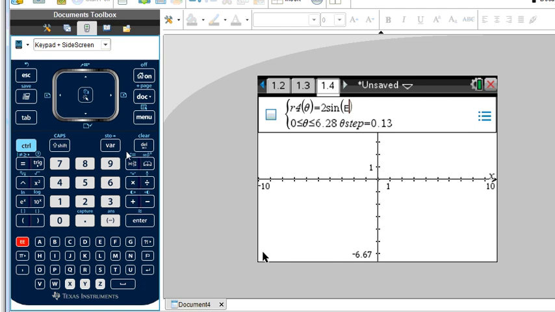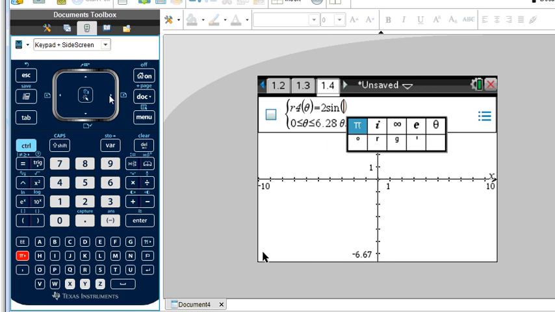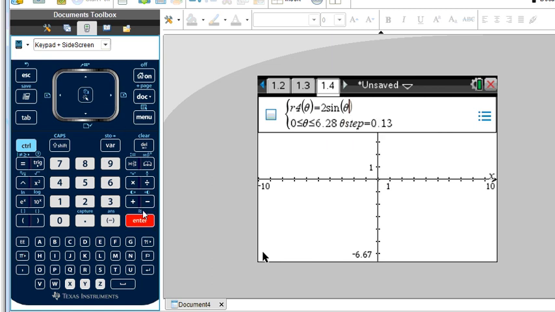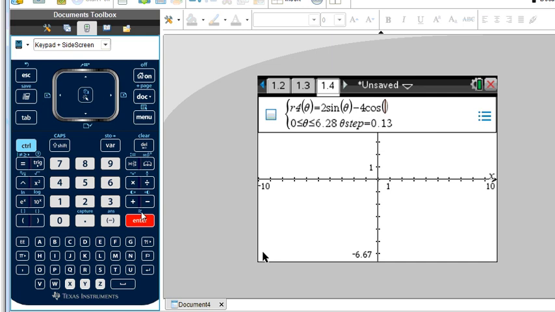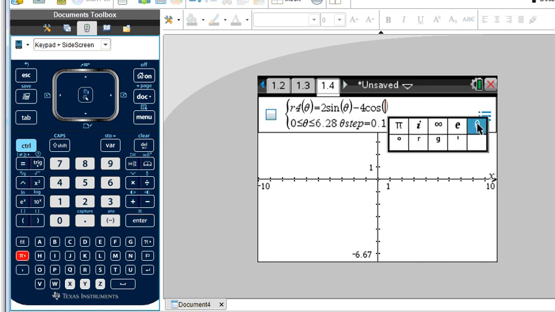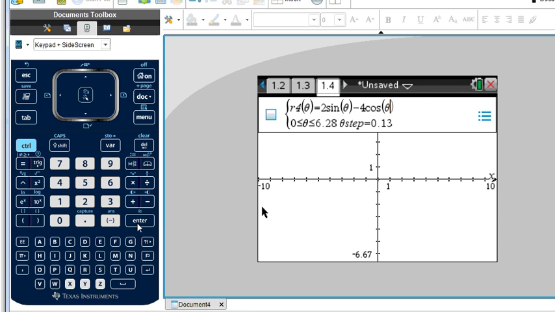Oops, that's not it. That's the right key there. And that's going to be minus 4 cosine theta. So we get the theta symbol again. There we are. I hope this is right.